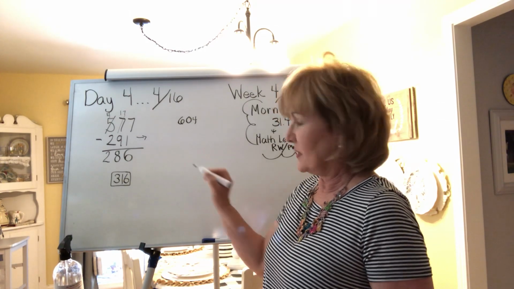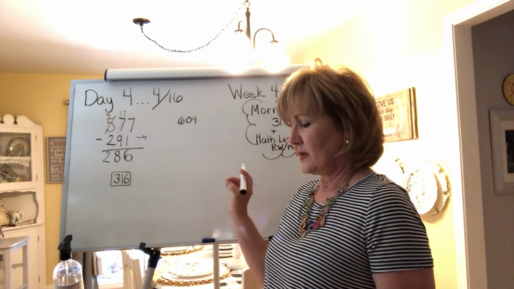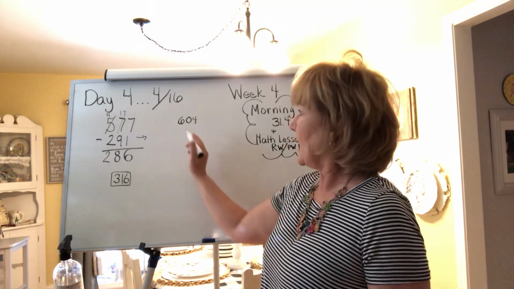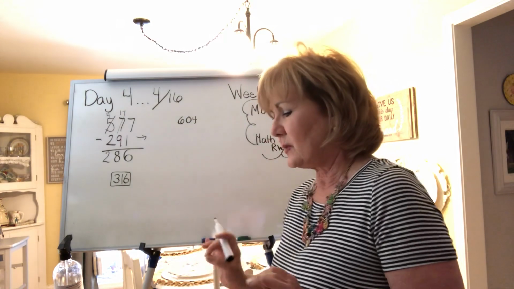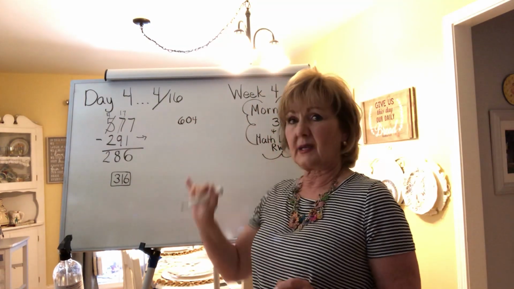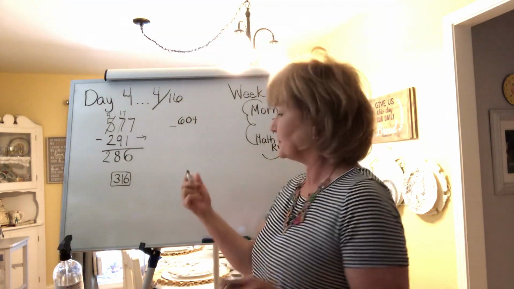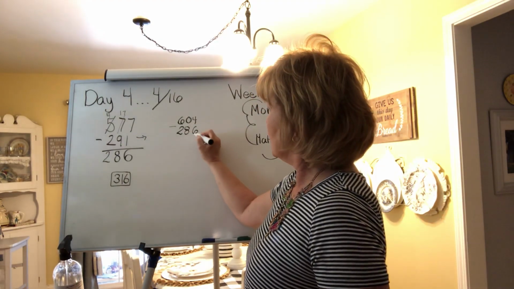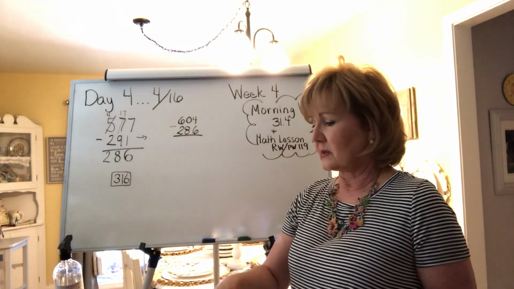So out of the 604 that are grazing in the field, 286 of those guys are eating grass. So how many are not eating grass? That would be subtraction. You want to take away the ones that are eating grass, 286, to find out how many are not. So write your problem there in your little area.